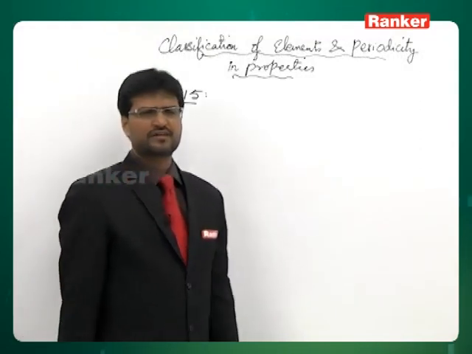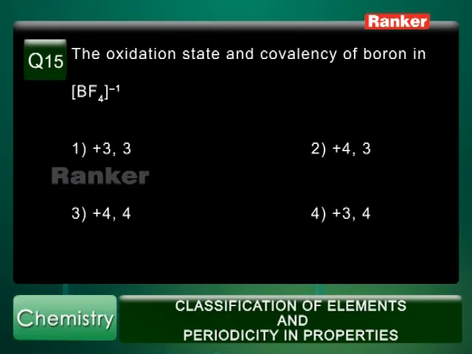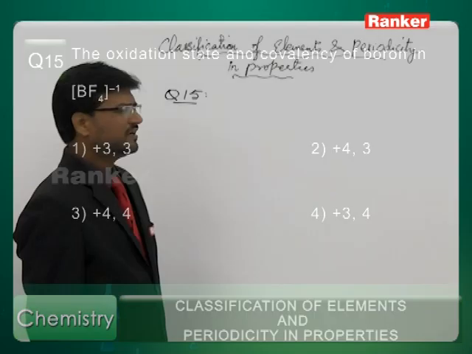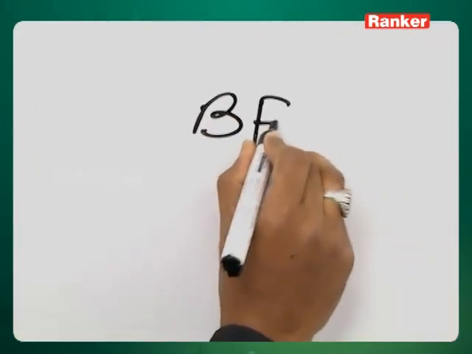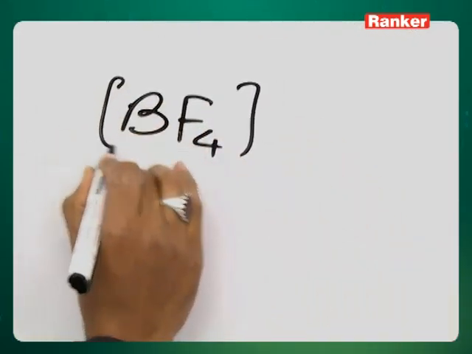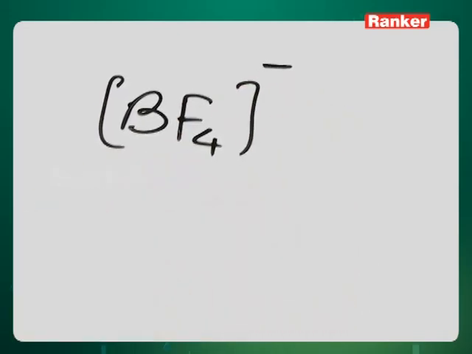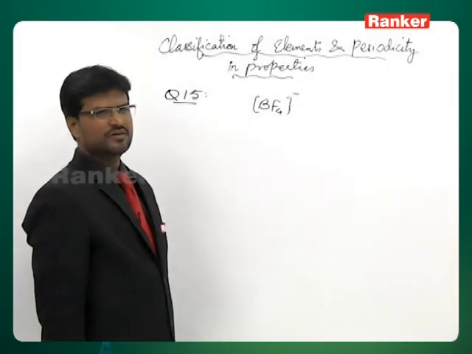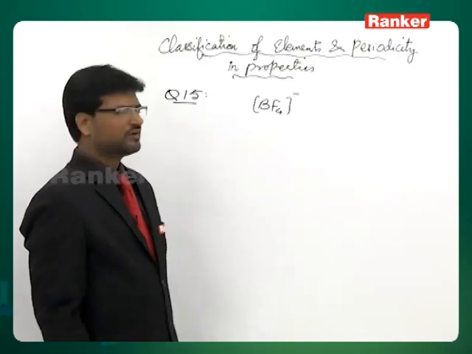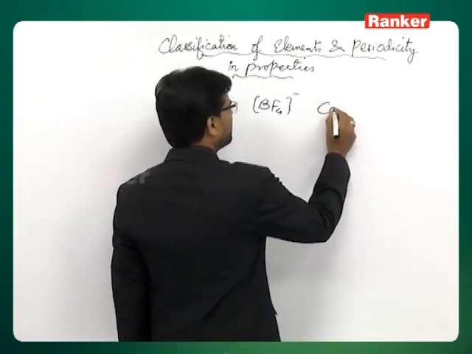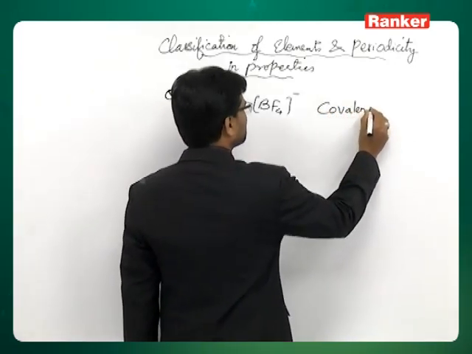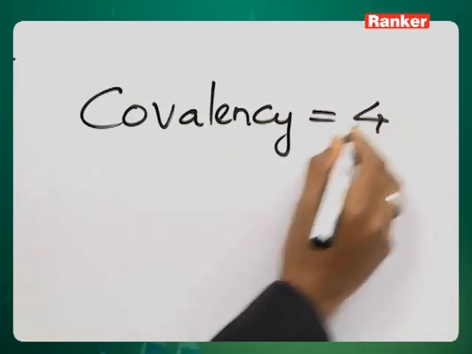Question number 15. The oxidation state and covalency of boron in BF4 minus. In BF4 minus, boron is surrounded by 4 fluorine atoms. So there are 4 bonds surrounding boron, therefore covalency can be taken as 4.